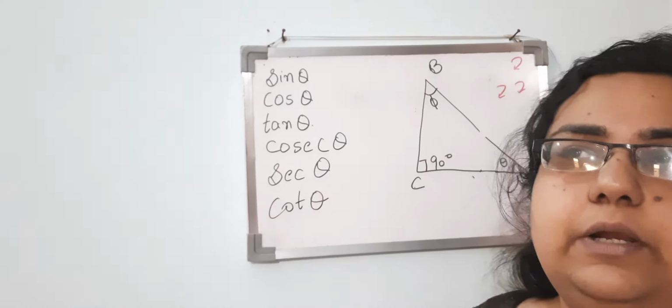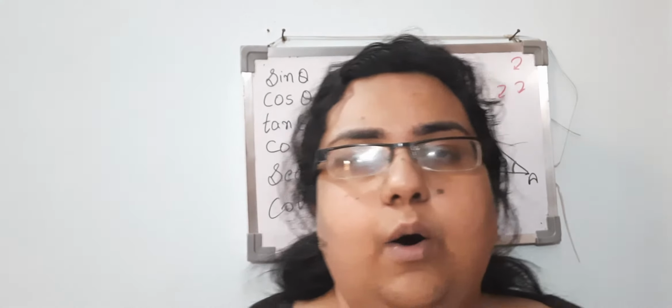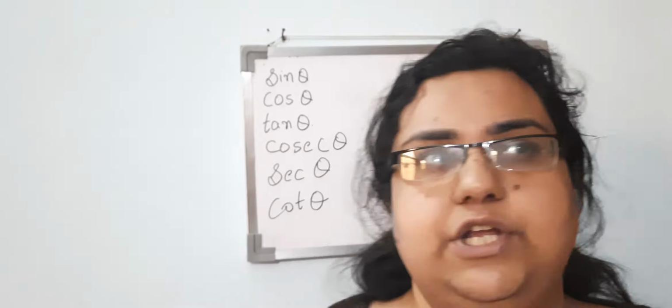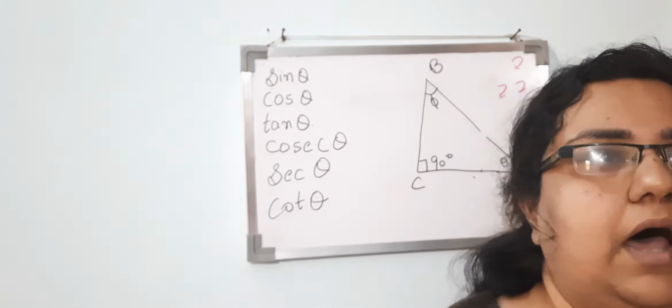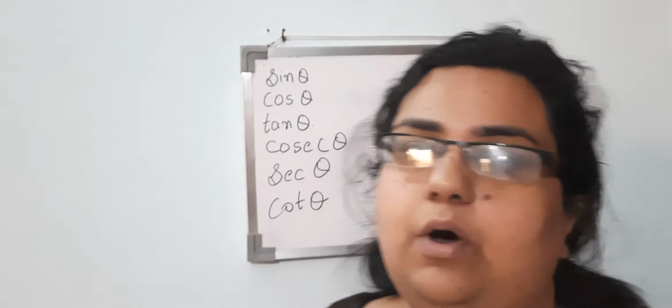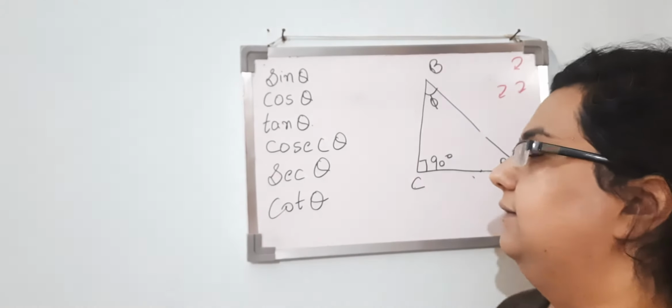And one of the basic things is that trigonometry covers a large share of your marks, like 15 to 16 marks will be considered part of trigonometric identities.